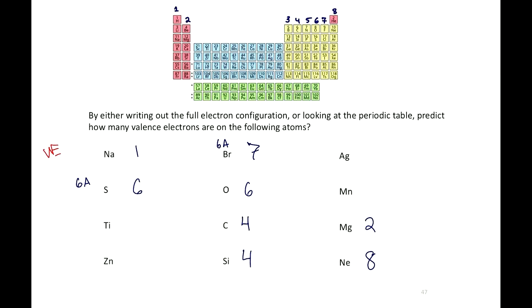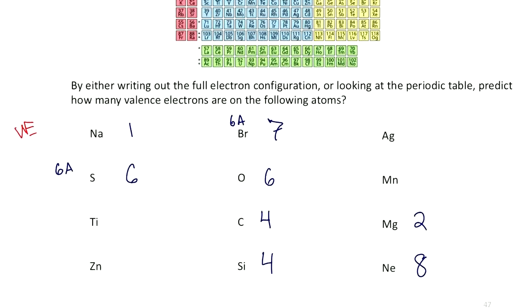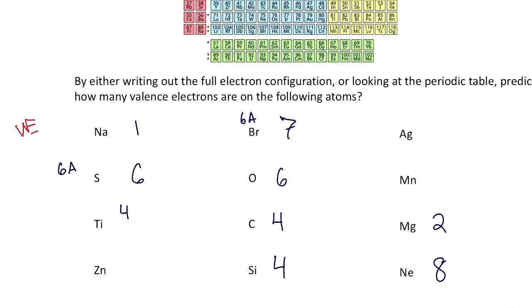If they're early transition metals, something like titanium, which if you wrote the electron configuration out would be 4s2, 3d2, actually has 4 valence electrons because the 4s and the 3d electrons both count. I know this because titanium can lose 4 electrons.